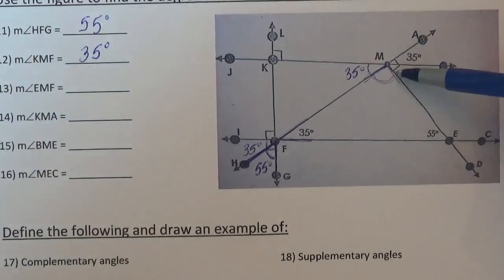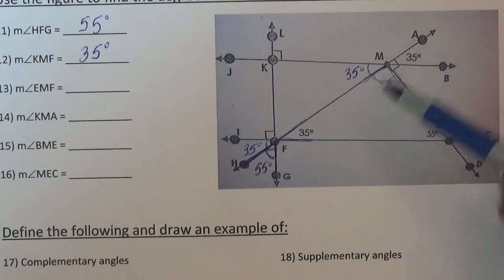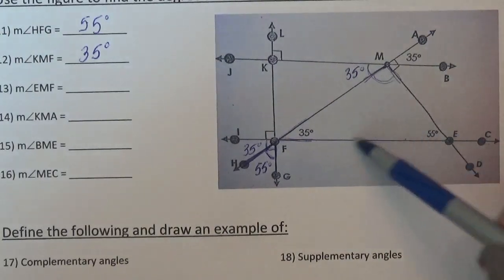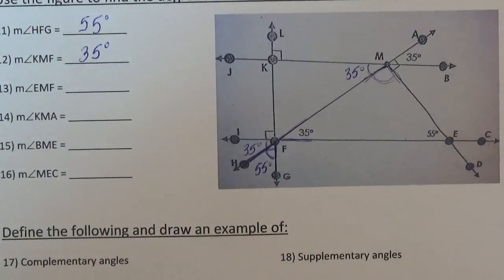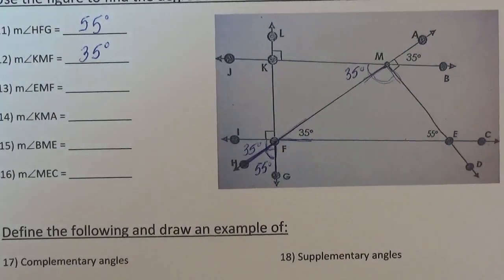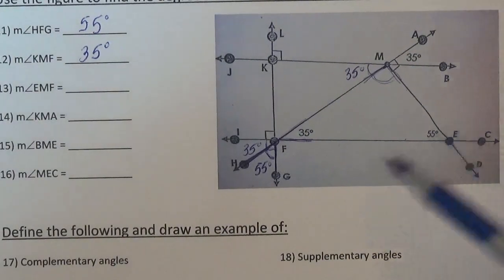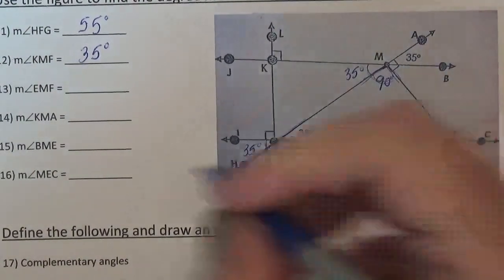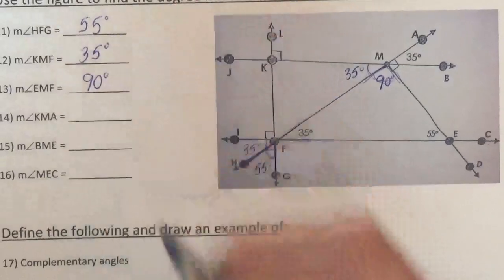Ooh, this is a hard one. Although I guess because of that, would it be a 90? We could check it. Look, it's in this triangle too. Do you see a triangle here? And we know a triangle has to add up to 180. So let's see, what's 35 plus 55? That's 90, so yeah, this is a 90. Two ways to find that. Okay.